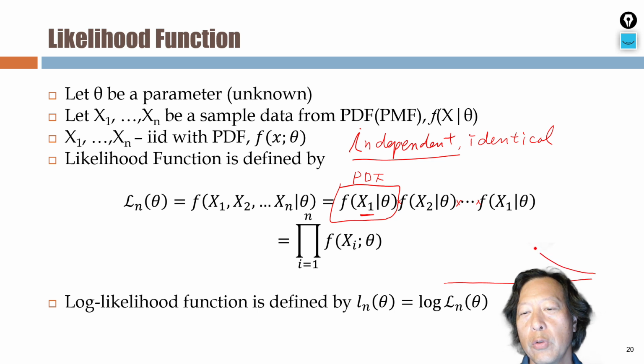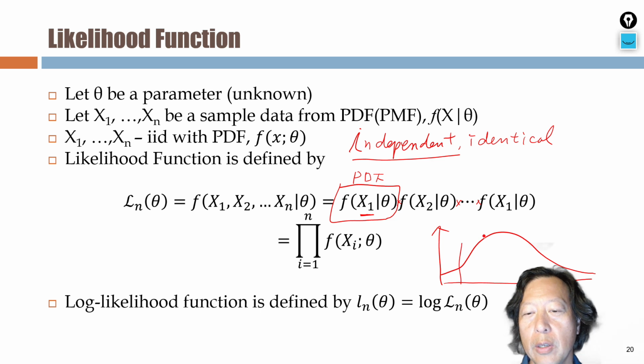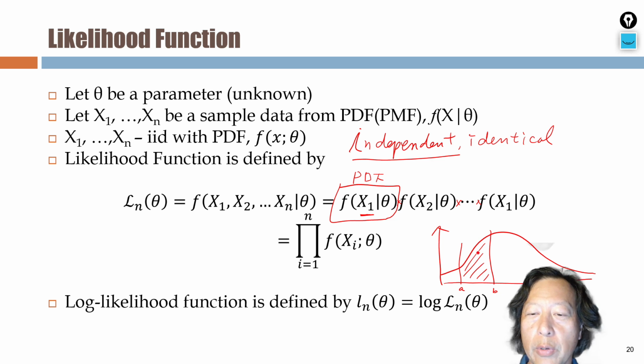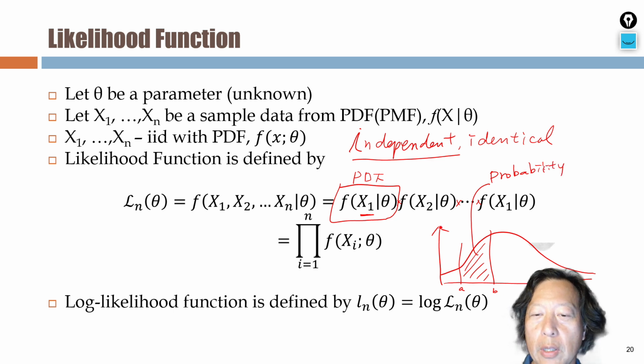Basically, if you draw the PDF, this y value is not a probability. Probability is given by the area under the curve. When we have a section, we can calculate the probability by calculating the area under the curve. That's the probability. This is not a probability, but actually the density.